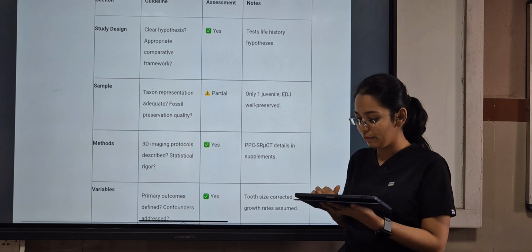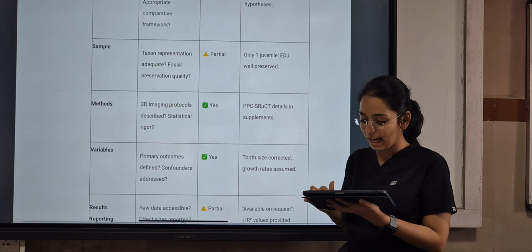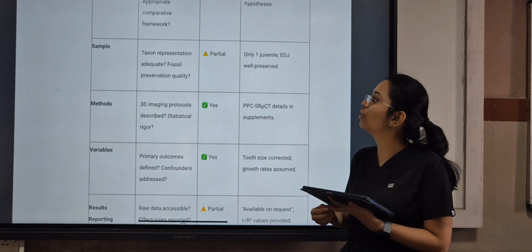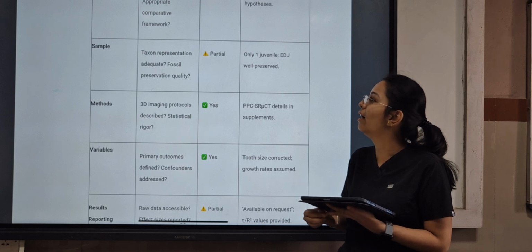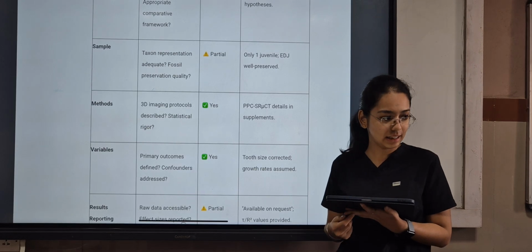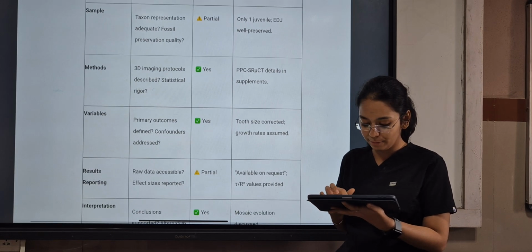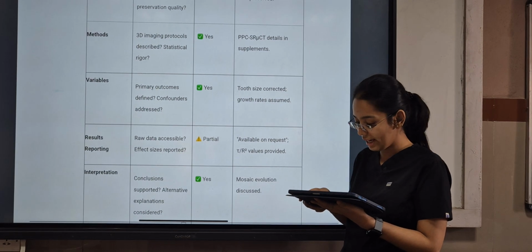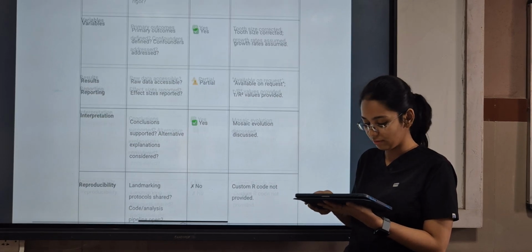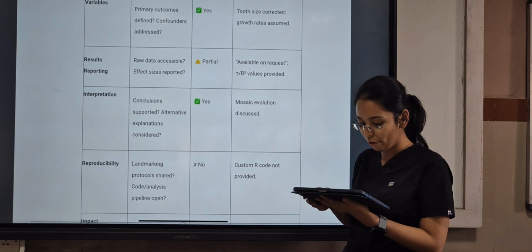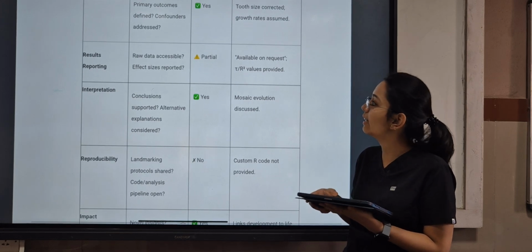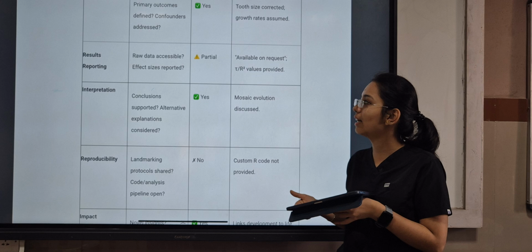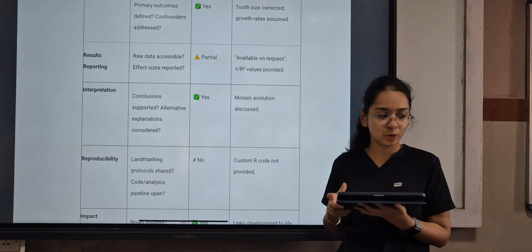So the study design was good. It tested the life history hypothesis. The sample was only one juvenile sample, and the EDJ was well preserved in the sample. The methods were all clear and well documented. Variables were also good, and in the results reporting, R-square values were provided.